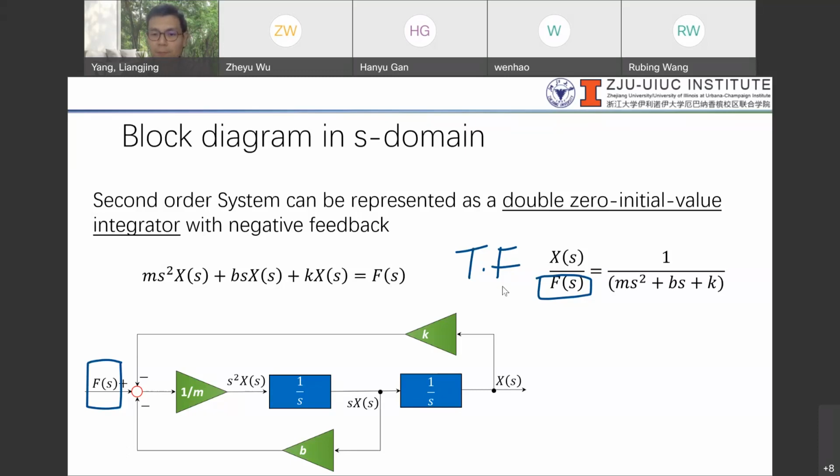So anyway, working on this transfer function is just taking your x out, and then bringing all this term to one side. And then here you work out your transfer function.